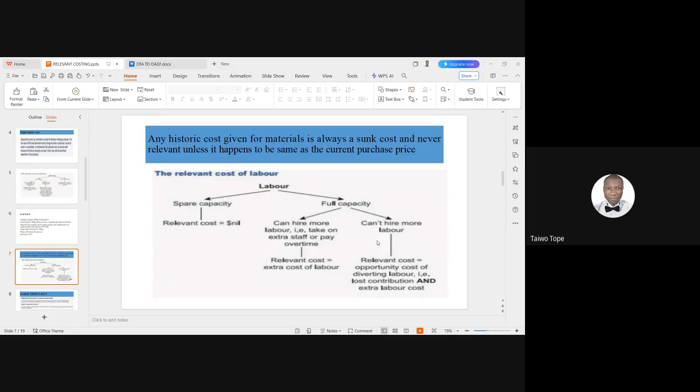In relation to that, the cost of paying you extra time, and the lost contribution you're expected to give in the other department, will be the relevant cost. So the concept of opportunity cost is different from the extra labor cost.